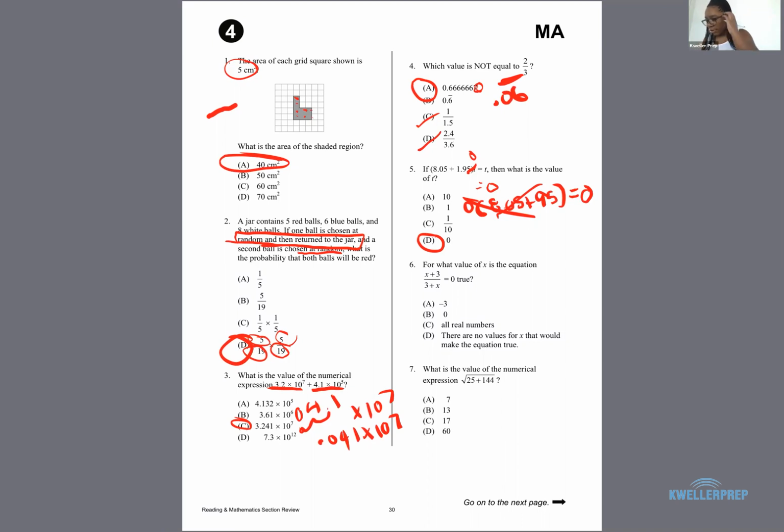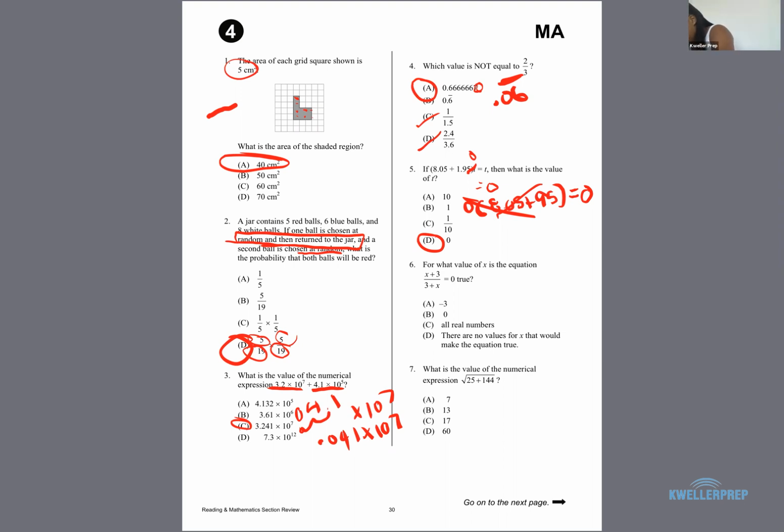Okay. For the next number, for what value of x is the equation (x plus 3) divided by (3 plus x) equal to 0? So this one is another plug and chug. You're going to plug in values from the problem and see which gives you an answer. I always start with 0 first because 0 is the easiest number to work with.